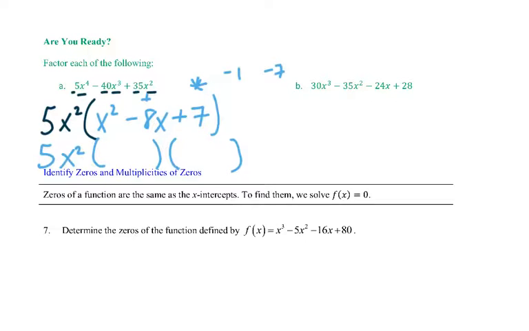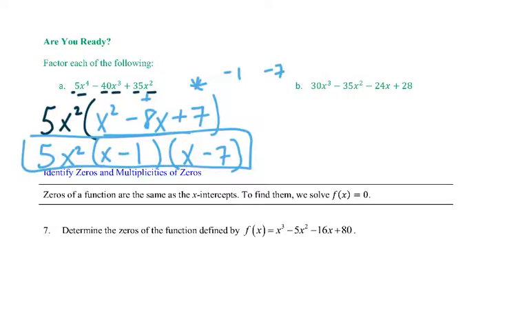So I can split this trinomial up into its factors of x minus 1, x minus 7. If I were to multiply that out, I would get this, okay? And so this is now fully factored. Again, factoring is being able to break something down that you might have expanded all the way out. Being able to break things down and build things back up is a very important skill in math class in general.